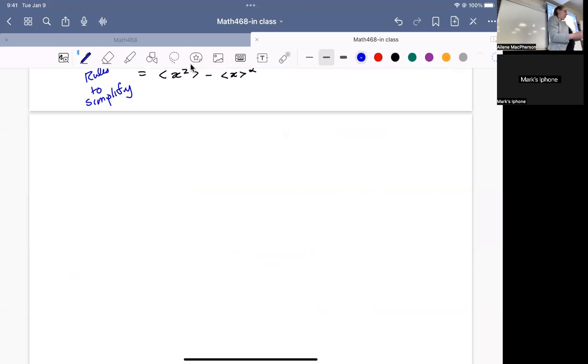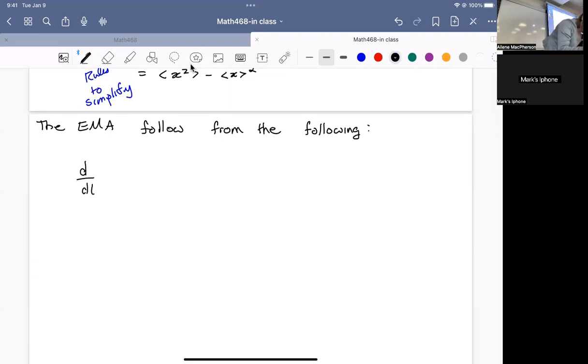Now, there is one simple rule to doing this whole ensemble moment approximation, the EMA. It follows from the following. The rate of change of the expectation of some quantity x.